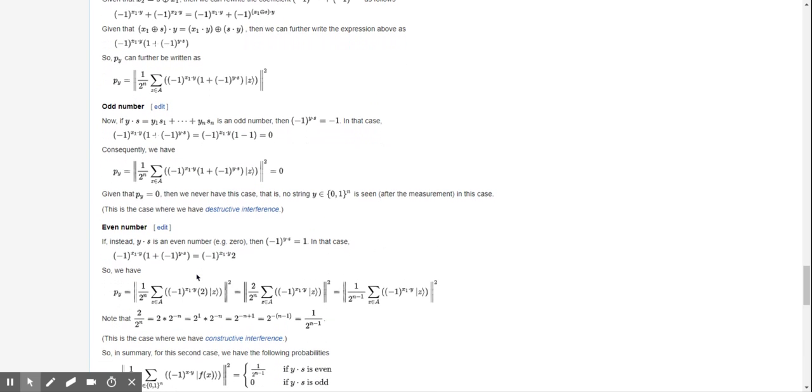So what this is basically saying is that the numbers we get are always even when multiplied with s. Why is that?